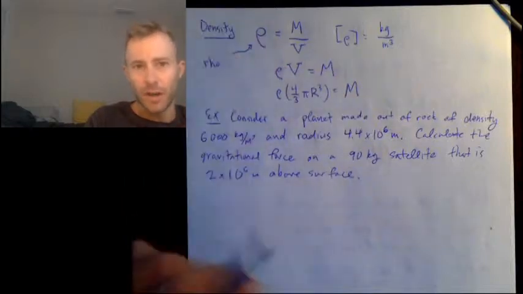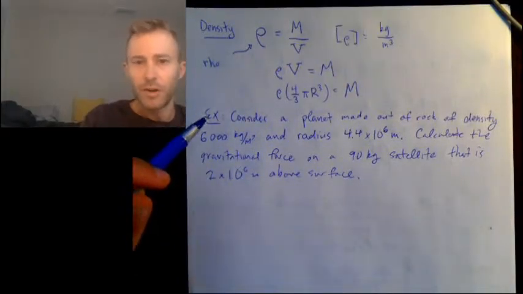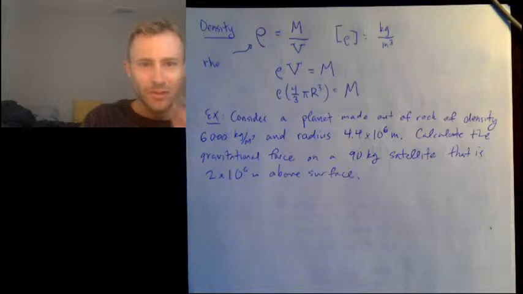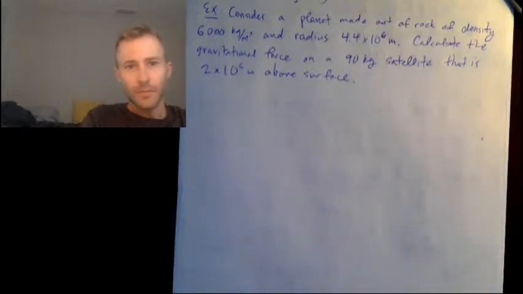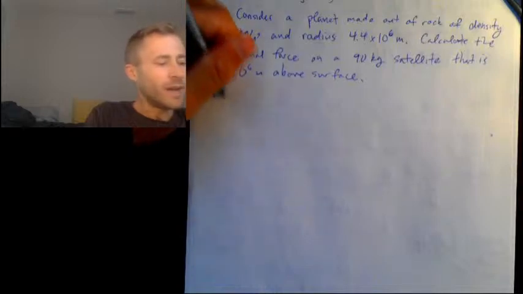So the satellite is not on the surface. The satellite is above the surface. All right, so we're going to do this problem in steps. The first step is going to be to get the mass of the planet.